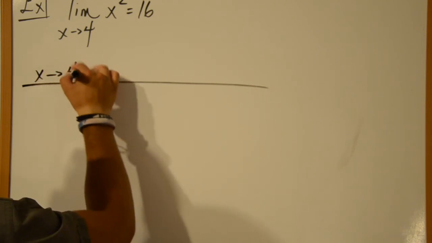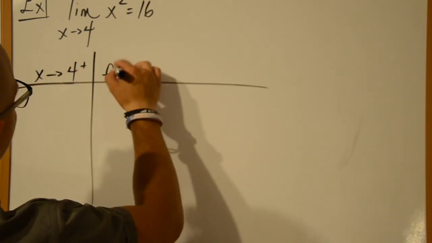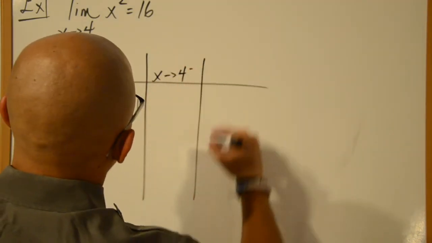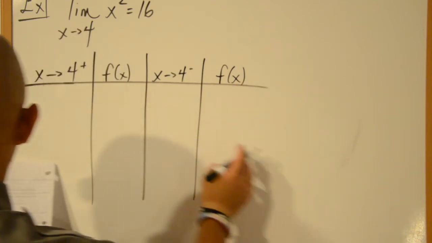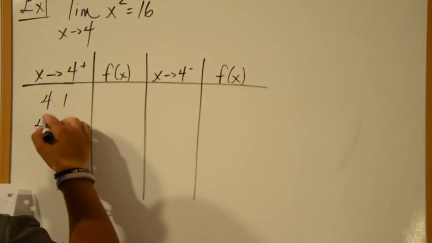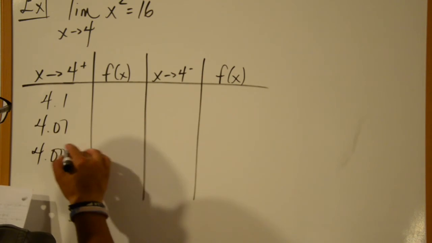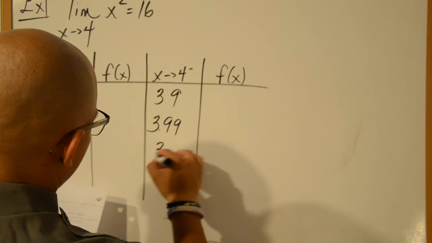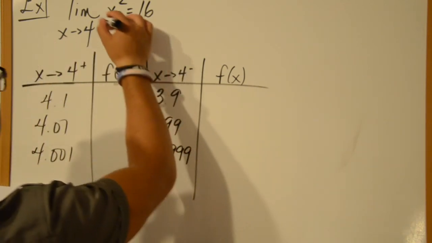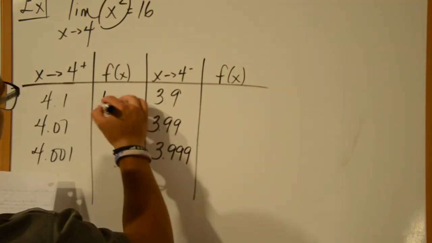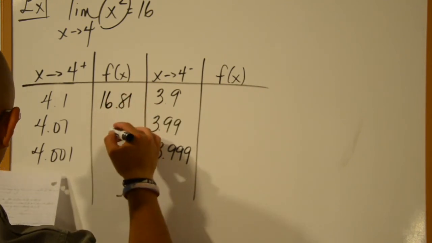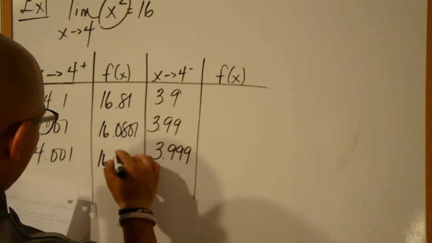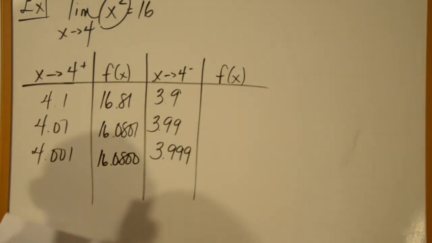So once again, let's take a look at this function as it approaches 4 from the right. And let's take a look at this function as it approaches 4 from the left. So we got 4.1, 4.01, 4.001, 3.9, 3.99. And since you're looking at a calculus video, you should be aware of the shape and overall behavior of that function.